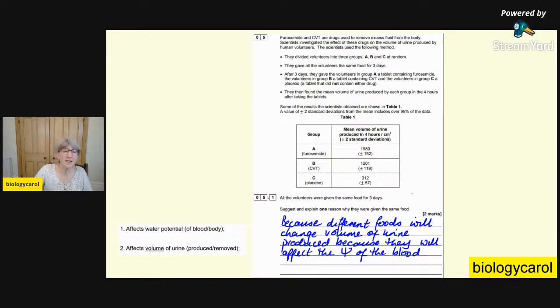Hope that helps. So here we go. Here's mark point 1, mark point 2. Look, you can use this symbol for water potential. Always worth noting this if you see this in your exam board's mark schemes. Always notice abbreviations that they will allow. Okay, and they wanted volume.